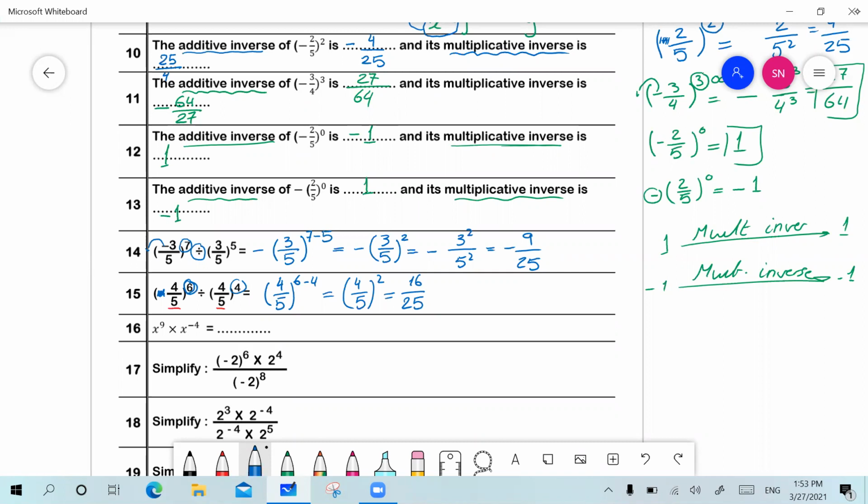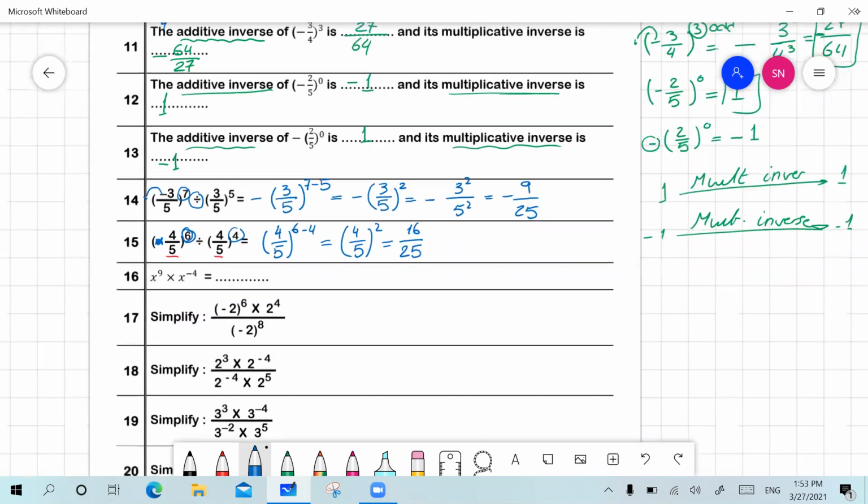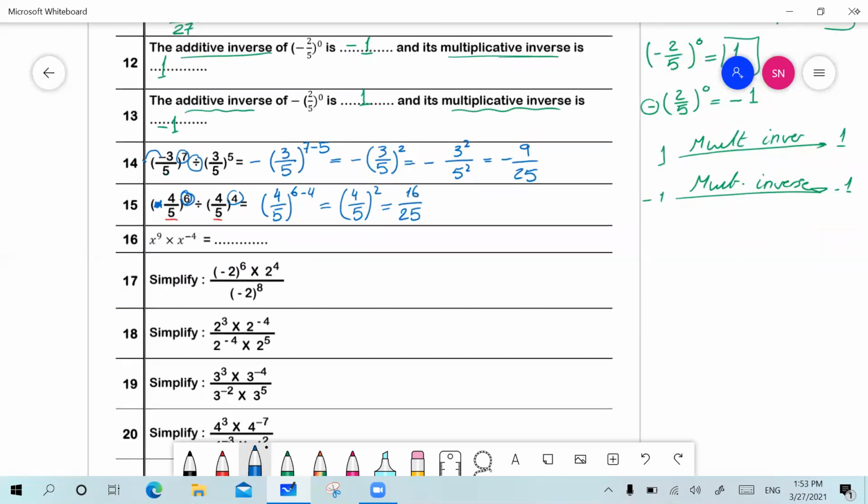Okay. Now in number 16, x to the power of 9 times x to the power of negative 4. Maryam?